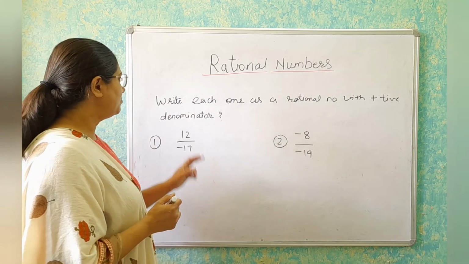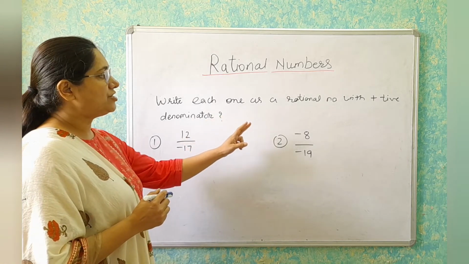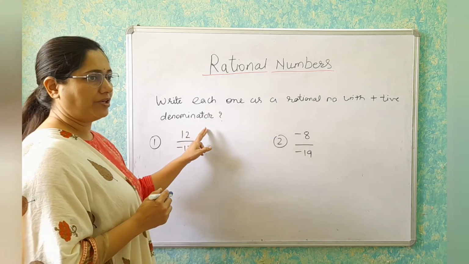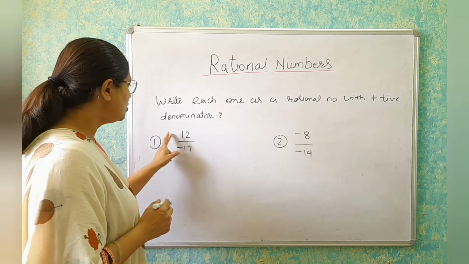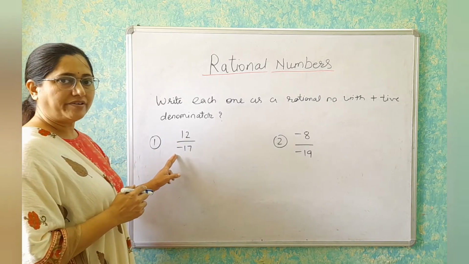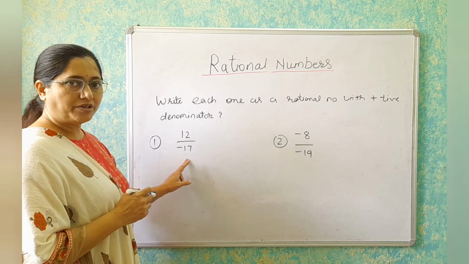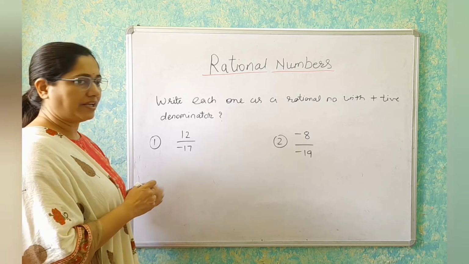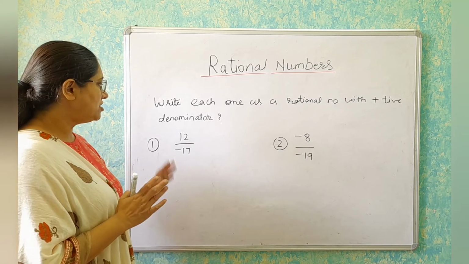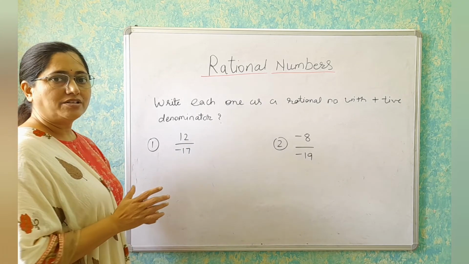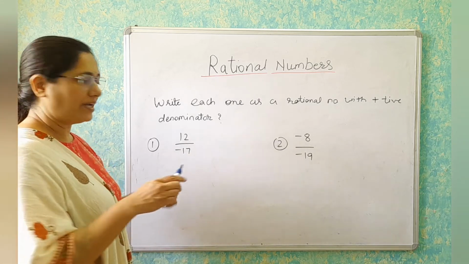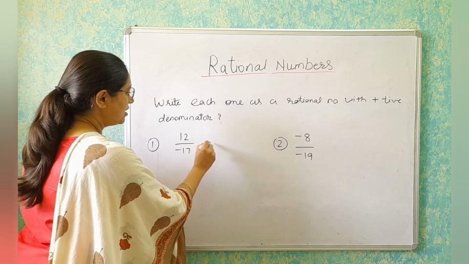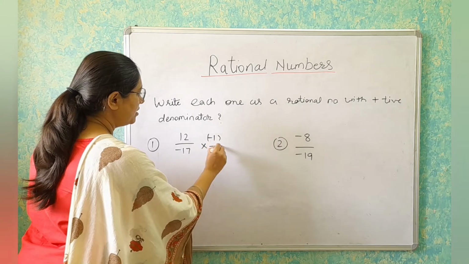Take one more example. Write each one as a rational number with positive denominator. In this question, 12 upon minus 17. 17 is the denominator but it has a negative sign. Whenever you have to change the sign of any rational number, simply multiply it with minus 1. So first I will multiply it with minus 1.